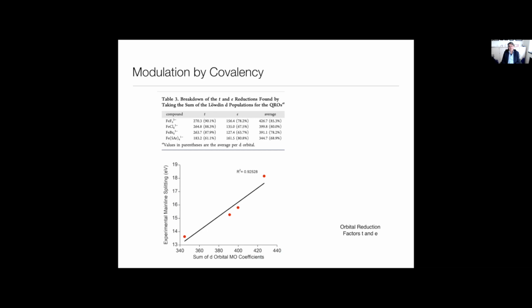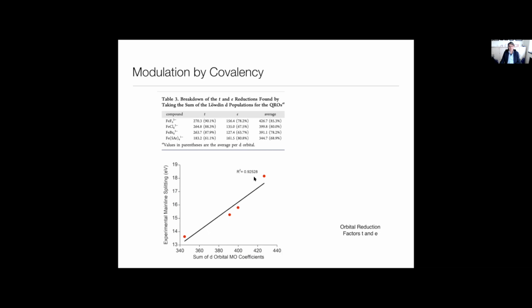Now, if you go to a given oxidation state, and here we have the examples of 3d5 systems, and we have worked through the high-spin hexahalide complexes, then the splitting is just modulated by covalency in exactly the way that I showed you before on that other slide. You can make a very nice correlation between the covalent dilution of the metal d orbitals and the experimental mainline splitting.